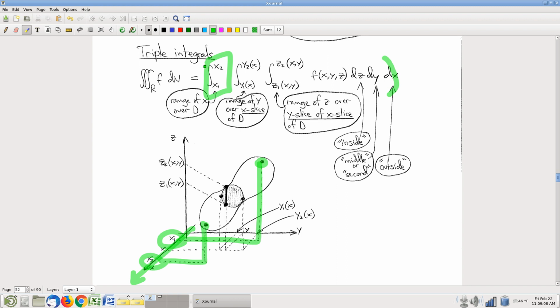Now, just like with double integrals, we fix a value of that variable. We look at a single value of that outside variable. We fix that. Namely, we look at this x slice. Reminder, x slice means a slice perpendicular to the x-axis, a slice corresponding to a fixed value of x. Thus the terminology x slice. Now on that x slice, my next variable is y. So I look at slices perpendicular to the y-axis.